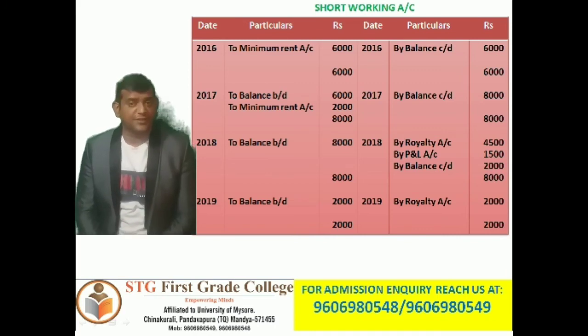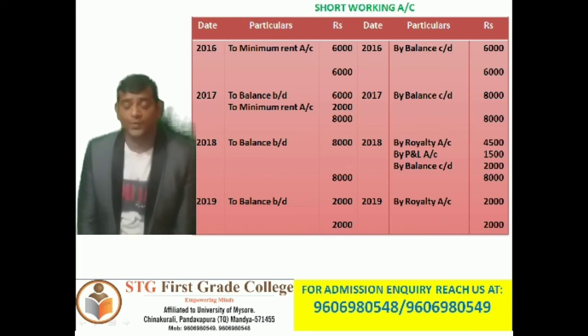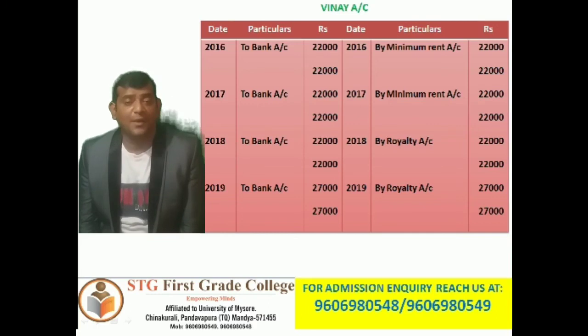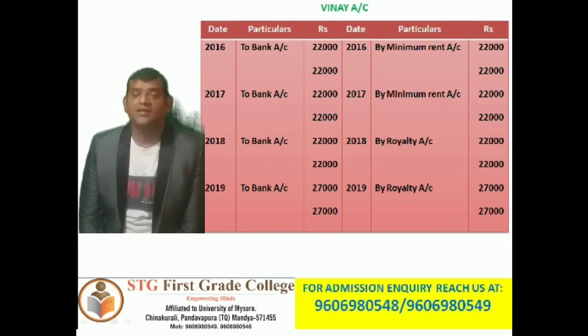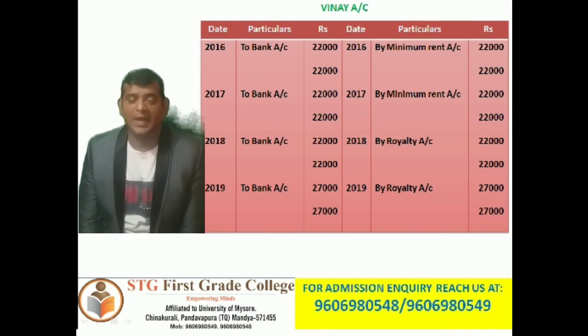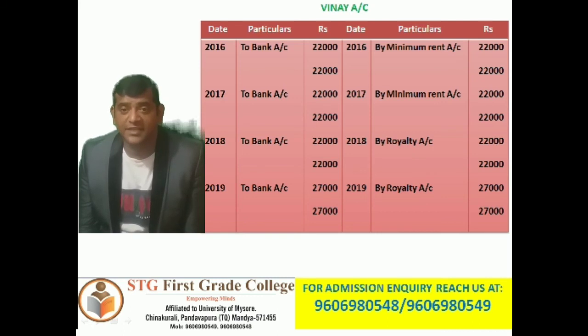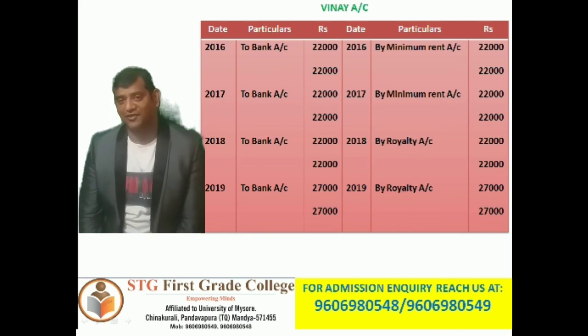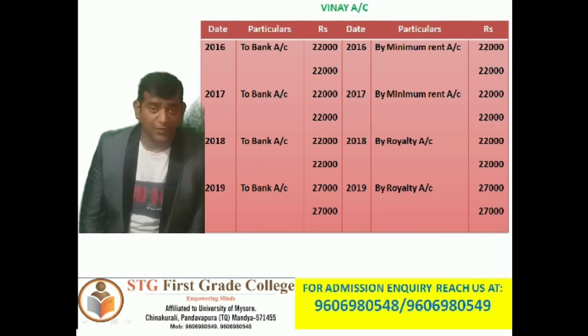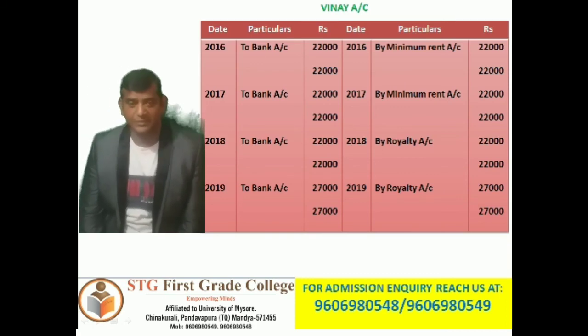So let us move further to the Vinai account. Open the Vinai account with a 6 column table: date, particulars, rupees, date, particulars, rupees. So in the year 2016, to bank account 22,000 rupees; 2016 by minimum rent account 22,000 rupees, both sides total 22,000, 22,000.